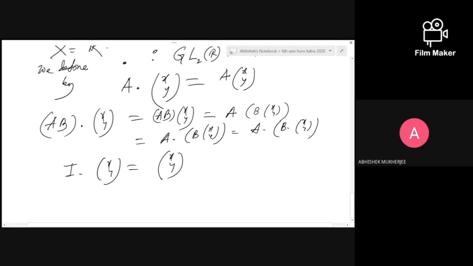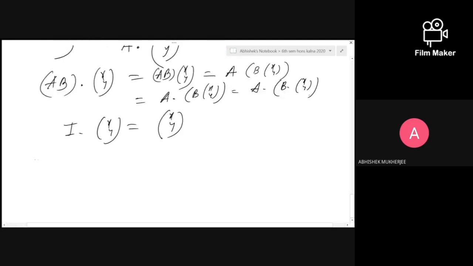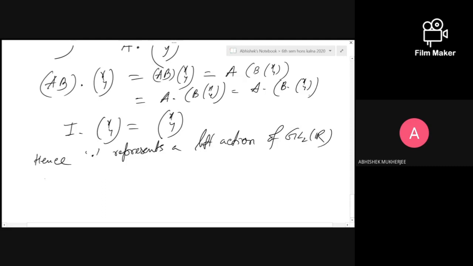So hence this map satisfies the axioms of left action. So hence dot represents a left action of GL(2, R) on R^2.